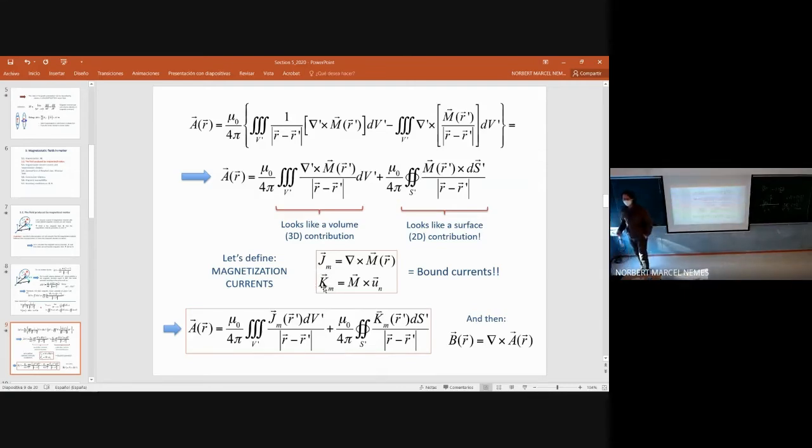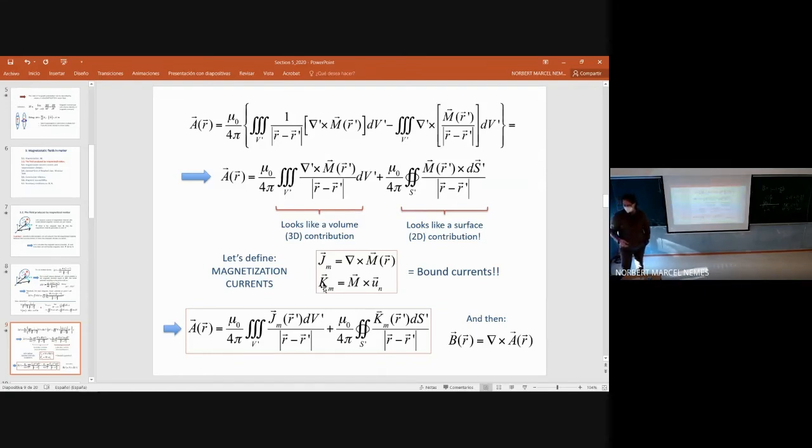So the idea is that if I have a piece of magnetic material, and I know the magnetization, okay, so that's where we start from. I know what the magnetization is. All I want to do is find out the magnetic field B through the vector potential A. I can forget about the magnetization. I can replace it with these fictitious currents, the magnetization current, the volume current Jm, and the surface current Km.